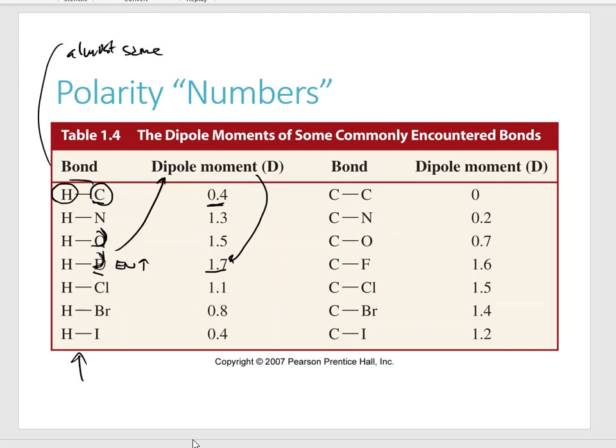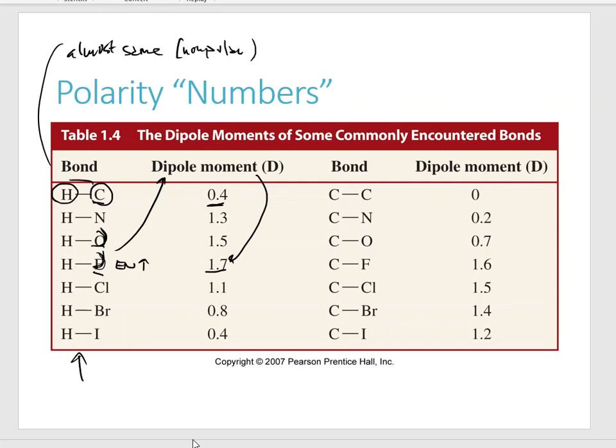It's not identical. If it was identical, then it would be a 0. But it's almost the same. I think the values for electronegativity here are maybe like 2.4 and 2.1 or something similar to that. Well, what does that mean? That means that carbon and hydrogen are really close to being nonpolar.